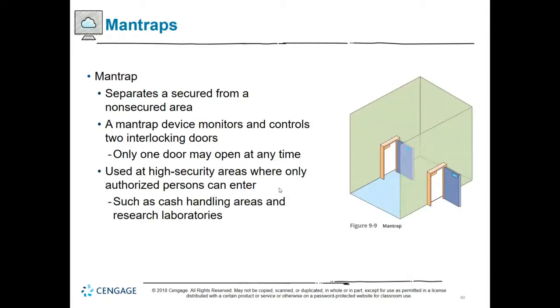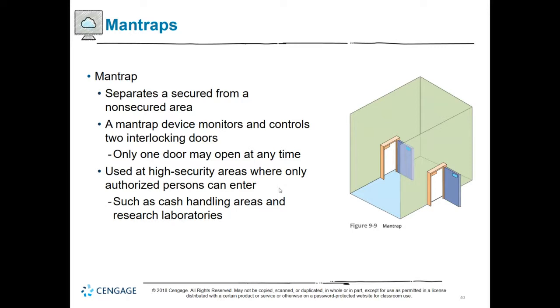All right, man traps. These are rooms that separate a secured area from a non-secure area. Think of it as a room with two doors, and the two doors won't open at the same time. We see an example here.